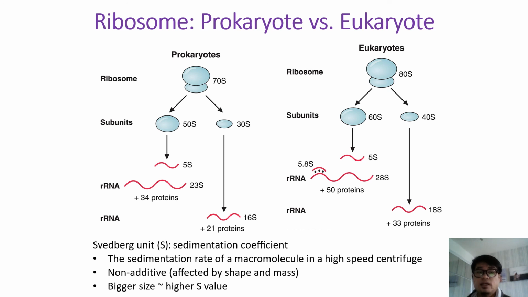Okay, and S is the Svedberg unit. The Svedberg unit is based on the sedimentation coefficient, meaning that when the ribosome is centrifuged in a high-speed centrifuge, it sediments at different levels. A different level gives a different Svedberg value, meaning that the bigger the size, the higher the S value.